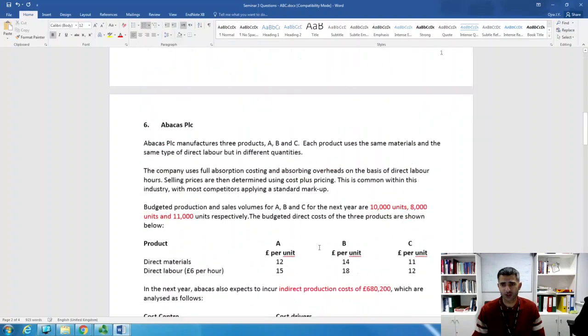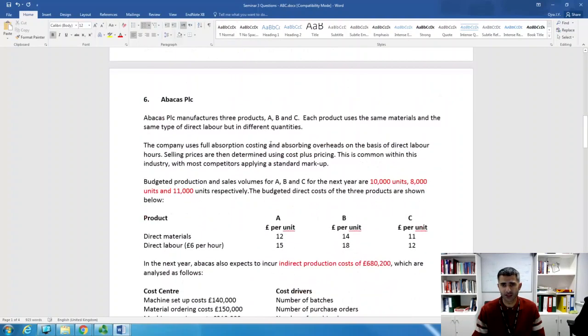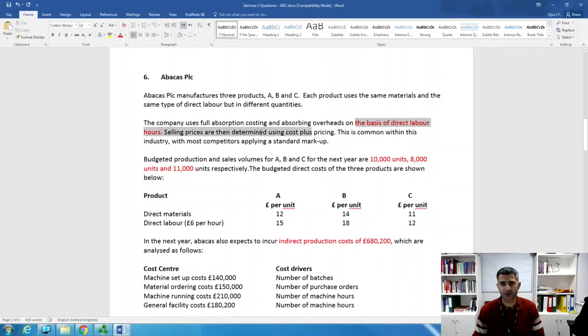I think the question mentioned that they are absorbing overhead on the basis of direct labor hours. So traditionally they are absorbing the overhead on the basis of labor hours. So now we need to calculate the full production cost per unit on the basis of labor hours.